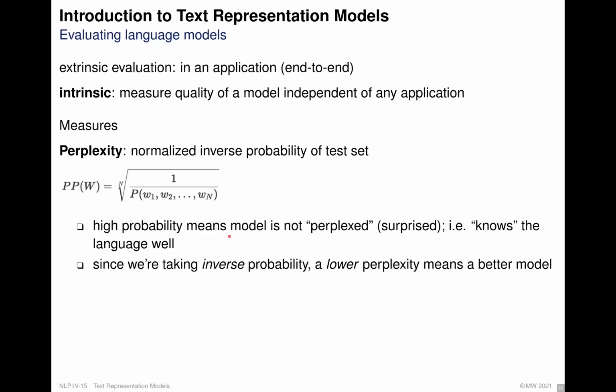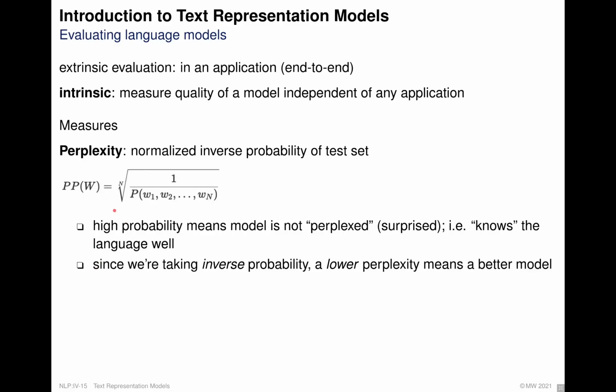A high probability of the test set means that the model is not perplexed, in the common sense of this word, not surprised by this new test set. So it knows the language well. The training set was either very representative, or it didn't differ that much from the test set.